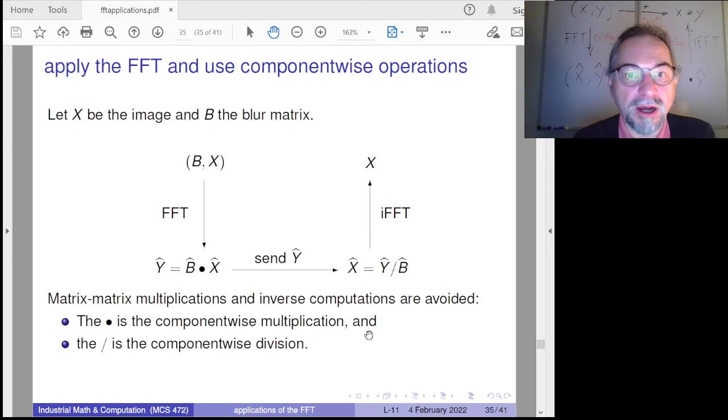So before we do the component-wise multiplication, we do the fast Fourier transform, both on the input and the output. So what needs to be kept secret here is the matrix of the Fourier transform. So the B hat needs to be known both in the encoding and the decoding.